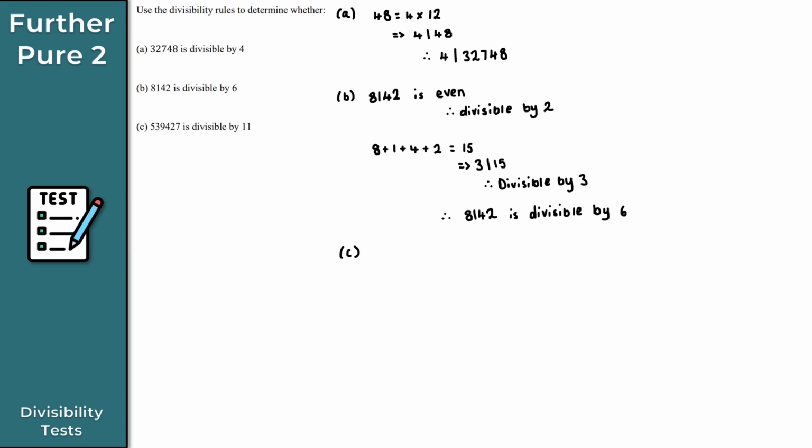So for divisibility by 11 here, what we do then is we take the first digit as positive, the next digit as negative, positive, negative, positive, negative, add those together. Okay? So I've got 5 minus 3 plus 9 minus 4 plus 2 minus 7.